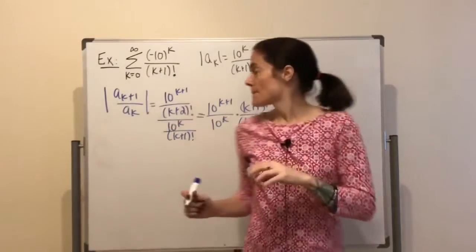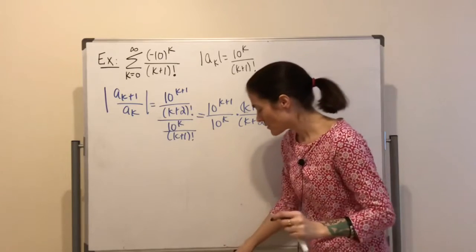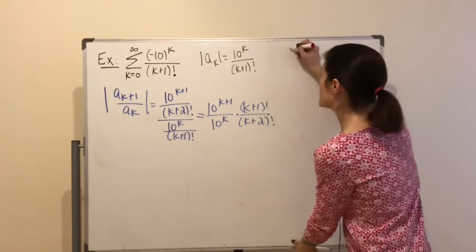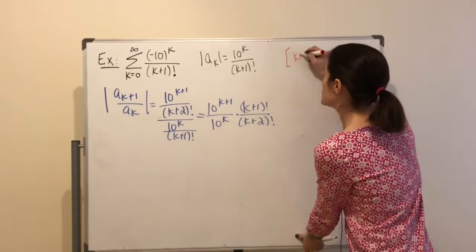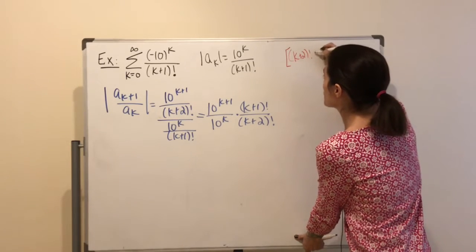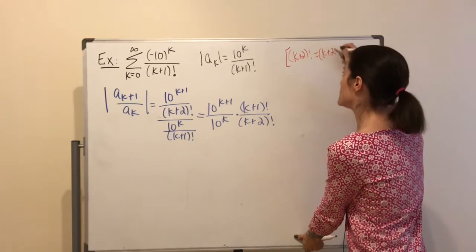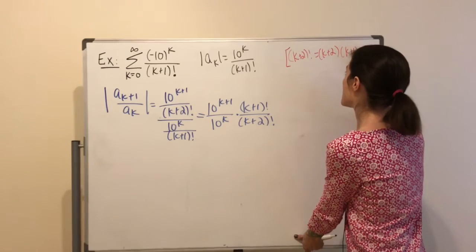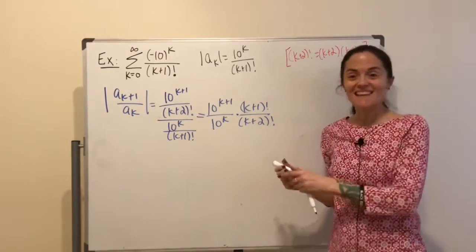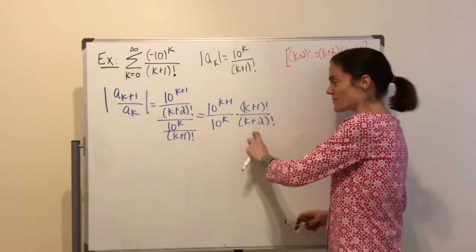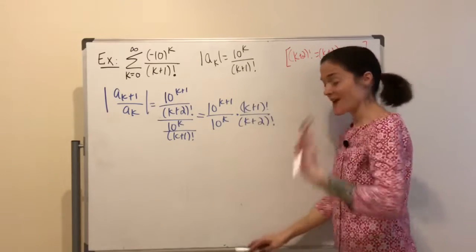You see, k plus 2 factorial, we have practiced similar. K plus 2 factorial is k plus 2 times k plus 1 factorial. So this simplifies to just 1 over k plus 2.